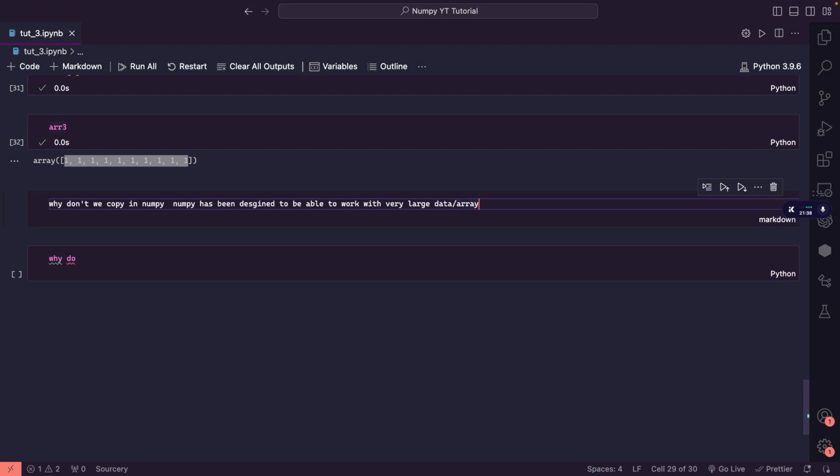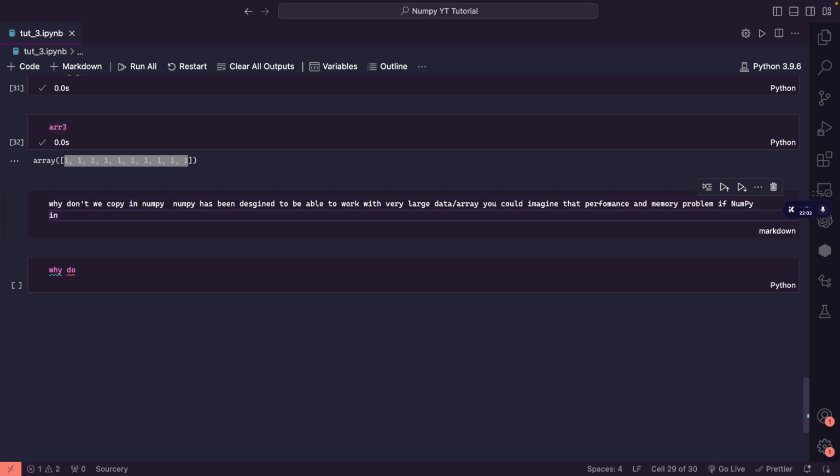If we had a concept of copying, you could imagine the performance and memory problems. If we were always copying, how could we manage that? So for that purpose, we actually don't copy in NumPy.